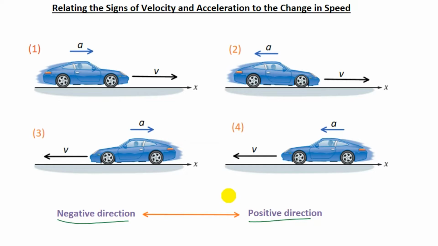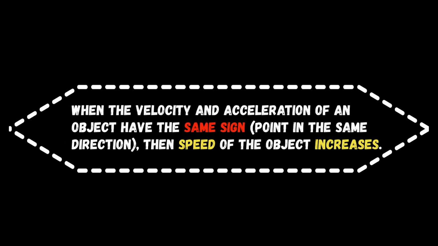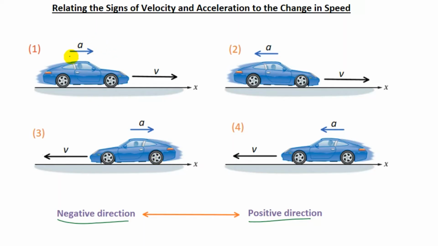So first, the rule is when the velocity and acceleration of an object have the same sign, that is, point in the same direction, then the speed will increase. Like in this case, acceleration is towards the right side and velocity is also towards the right side, that is, they are pointing in the same direction. That means in this case the speed will increase.